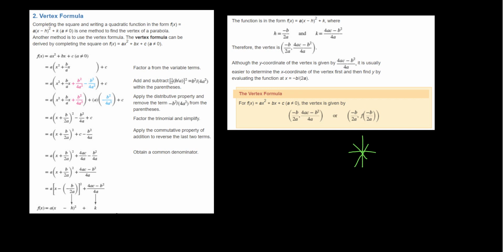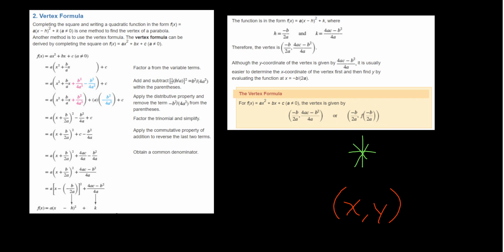Now, before we go on, let's look at this. It's in the form of x, y. Right, it's a coordinate. It's a point on a graph, or on a plane rather. The x value is going to be the formula of negative b over 2a.